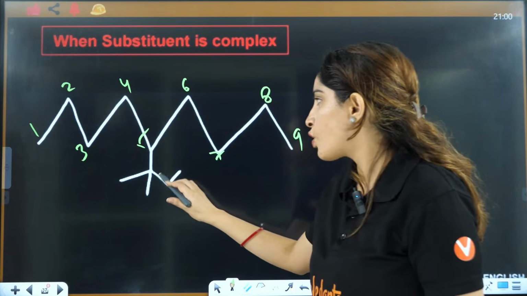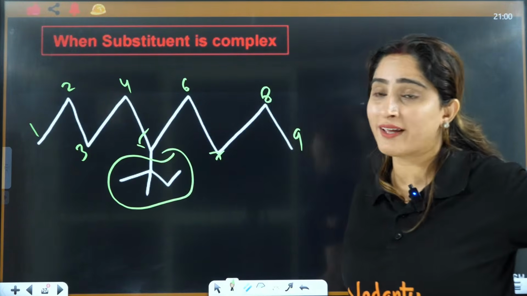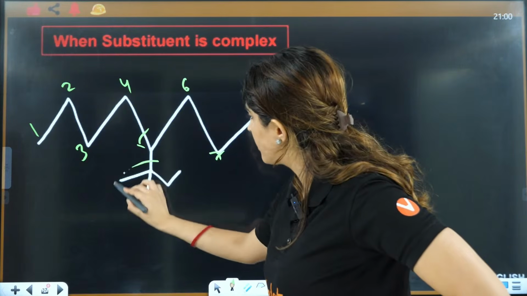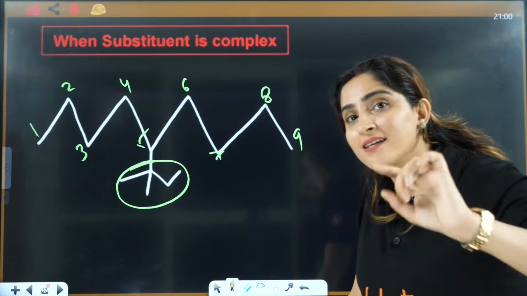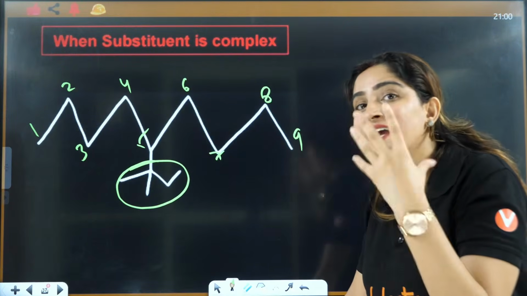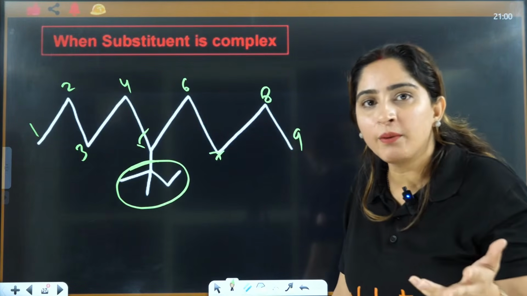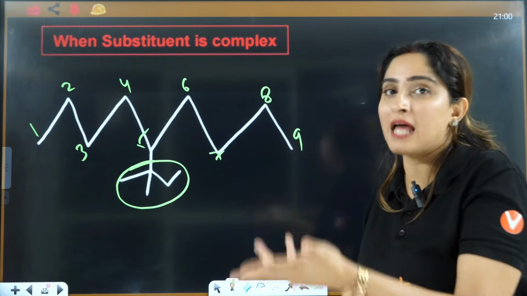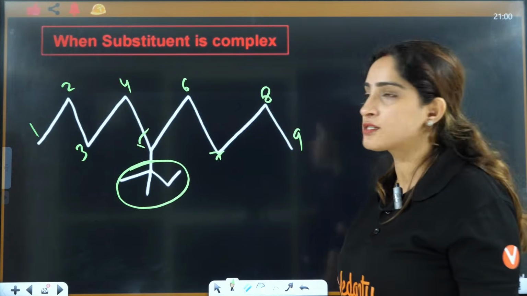A complex substituent is only chosen if you have the longest chain. If with some other 9-carbon chain you are not having a complex substituent, then I would choose that, right? So here, with the maximum longest chain, I have this complex substituent.